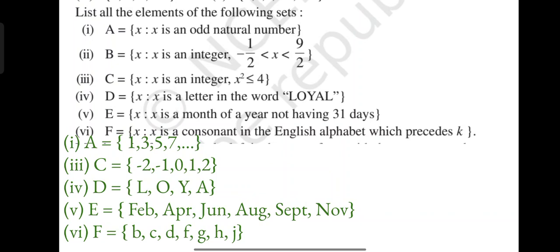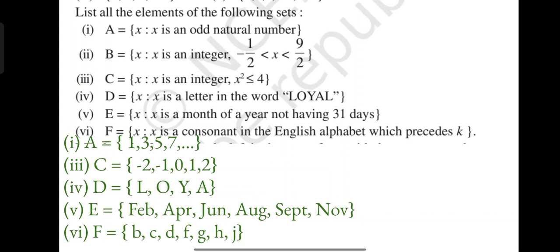Okay, it is not about the number itself, the square of the number should be less than or equal to 4. So 2 square is 4 as well as minus 2 square is 4, so we can write 2 as well as minus 2. And 1 square as well as minus 1 square are 1, and 1 is less than 4, so we can write minus 1 as well as 1.